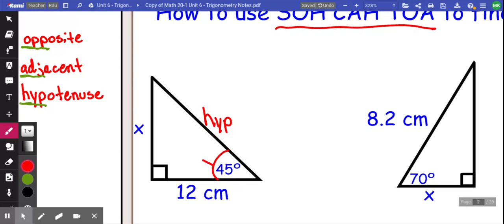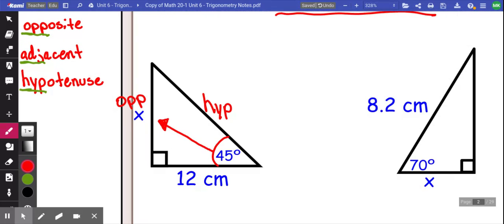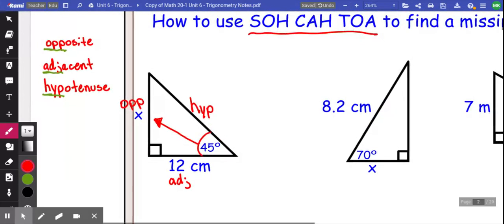Whatever is across from the angle I'm working with, I label my opposite. The third side is called your adjacent. So when I'm labeling triangles, I always label my hypotenuse first, my opposite second, and my adjacent is the last one. Perfect. Labeling is your first step.